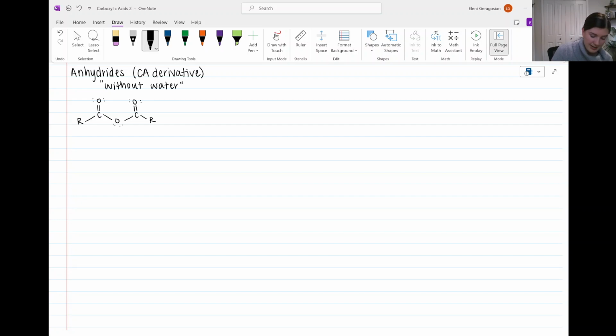And if an anhydride is in the presence of water, so if we add H2O, then the anhydride will react to form two carboxylic acid molecules, where we have the carbonyl, the oxygen from the anhydride bonded to a hydrogen from the water, plus the other carbonyl bonded to the OH from the water.